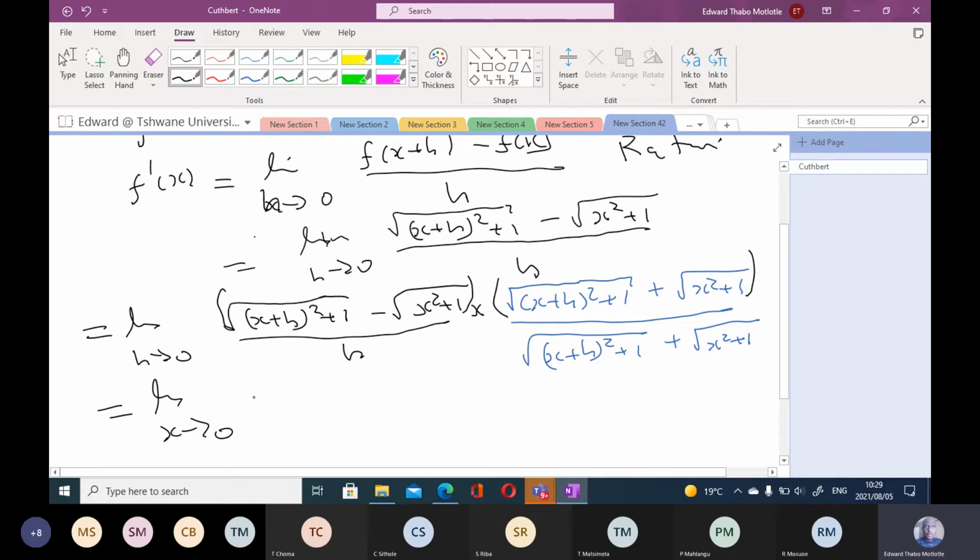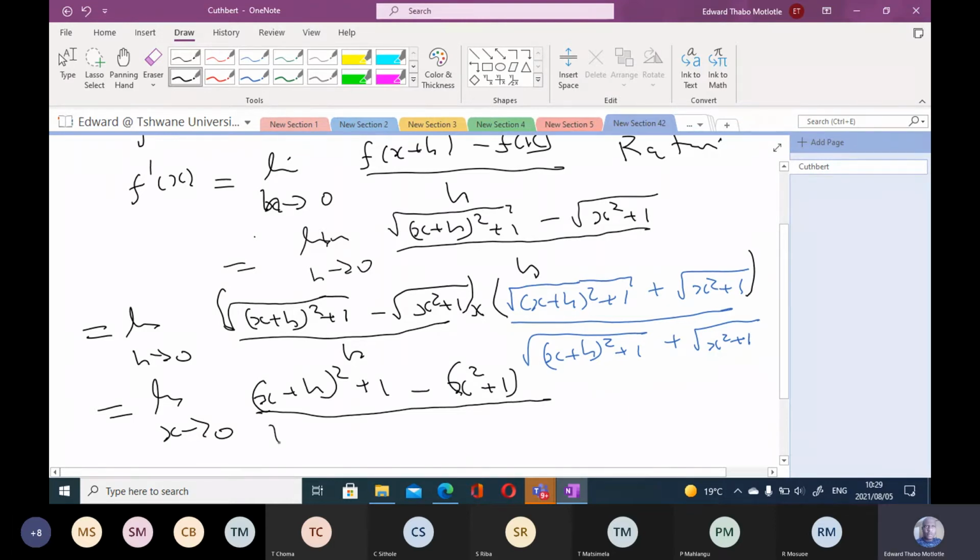So we end up with (x plus h) squared plus 1 minus (x squared plus 1). I'm doing it mentally, so you have to do it thoroughly. So this is h. The bottom one we just copy as it is.